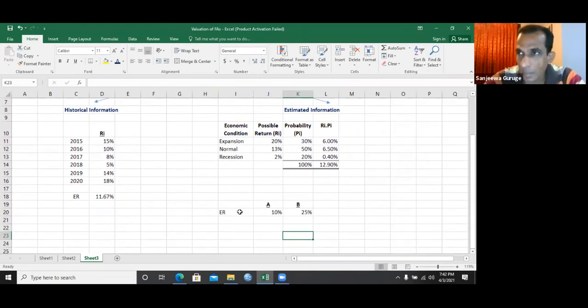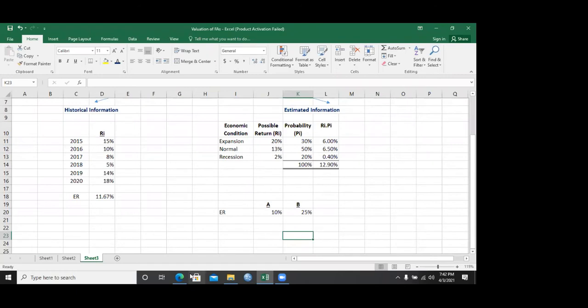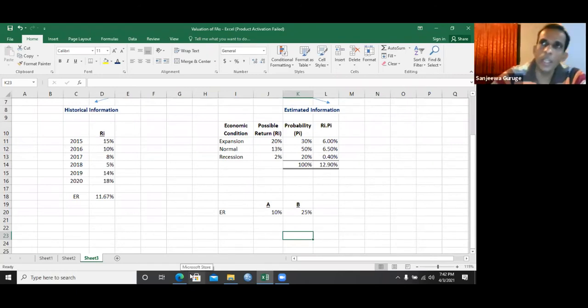So why do we consider the investment in some companies or some financial assets very risky? Risk means what? You might lose your investment. Yeah, ultimately you can lose your investment also, right?